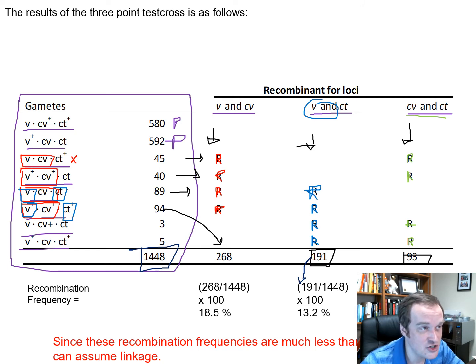Because if your chance is 50-50 of getting a gene, say for instance CV plus and V, that means that ratio came from your 50-50 shot of getting your mom's chromosome or your dad's chromosome. So if these numbers are below 50%, they are linked. If any of these numbers are 50 or above, or around 50, then it is not a linked gene.